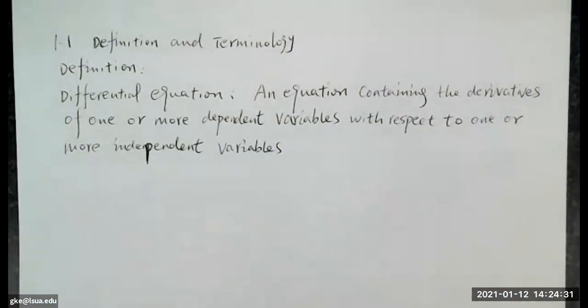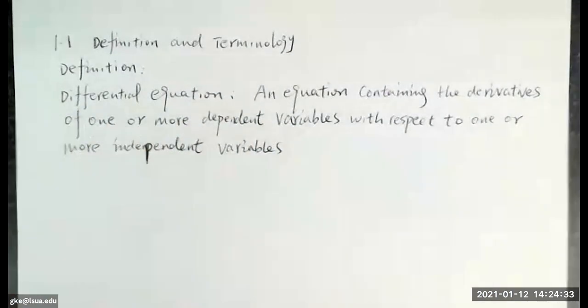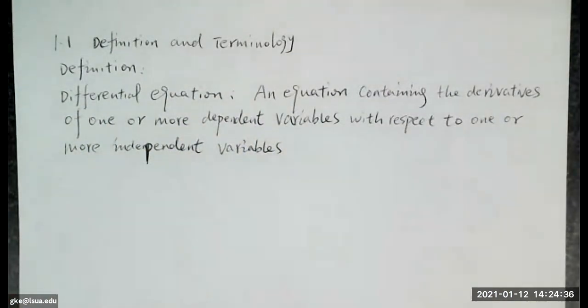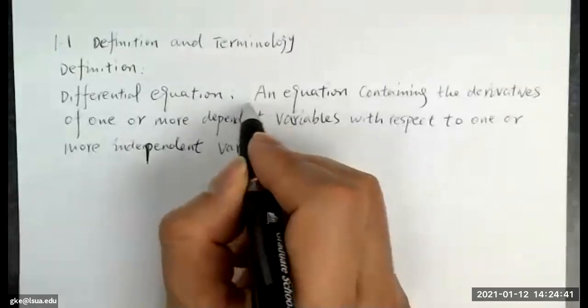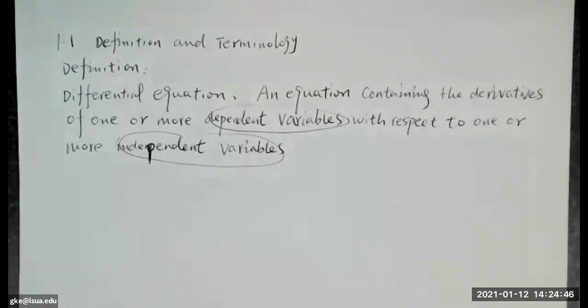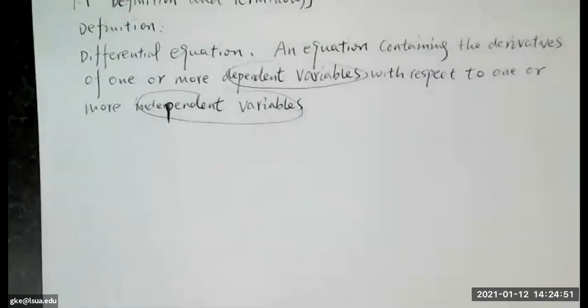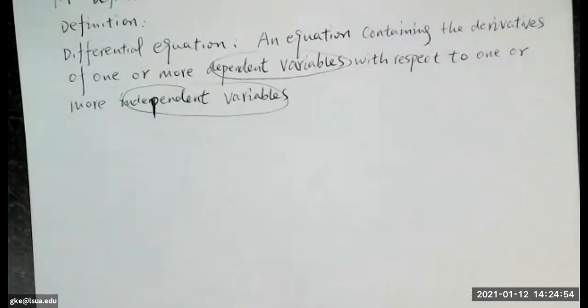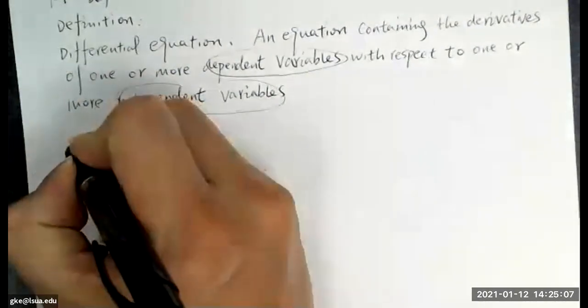Okay, so that's the first definition. Here we have two important variables. One is dependent variables, and here is independent variables. Now, for differential equations, we also have ordinary differential equations and partial differential equations.